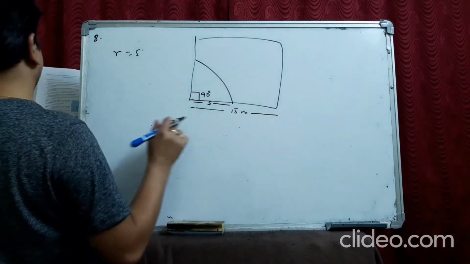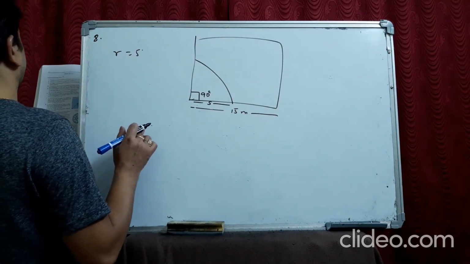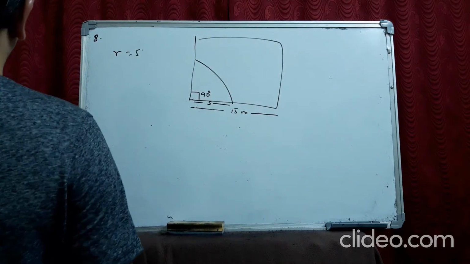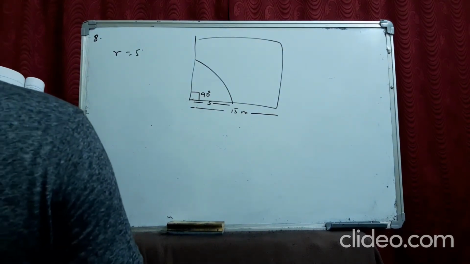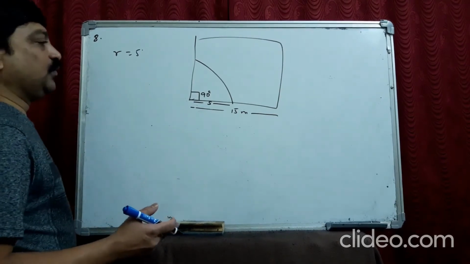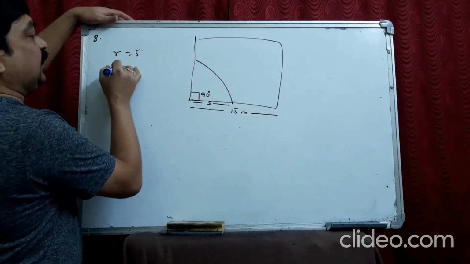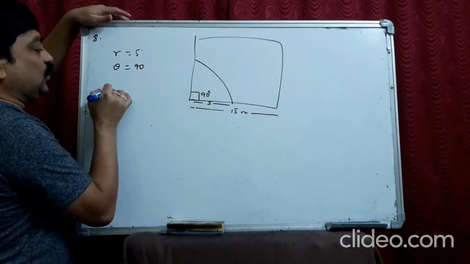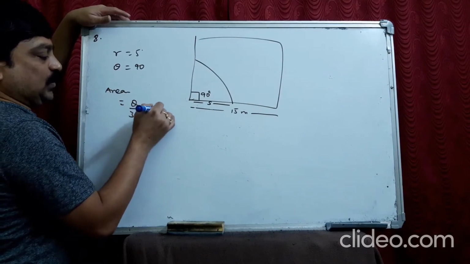Total side is 15 meters. Now, you have to find the area of the part of the field which the horse can graze, and the increase in the grazing area if the rope is 10 meters long instead of 5 meters. Both you have to find out. Okay, let us see. R is 5 and theta is 90. Area is equal to theta by 360 into pi r square.